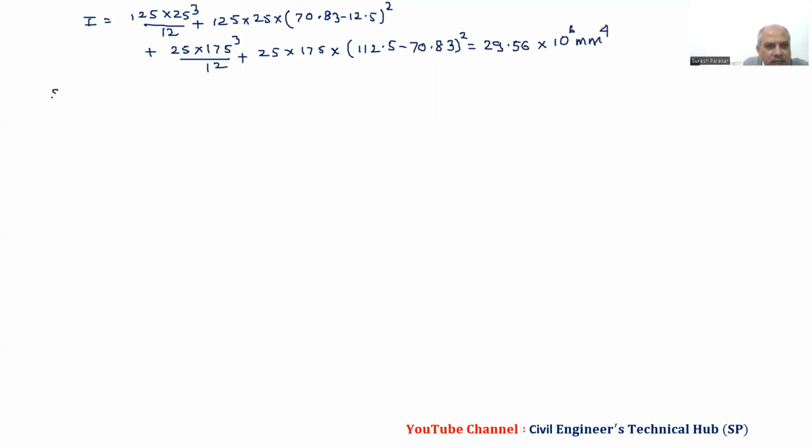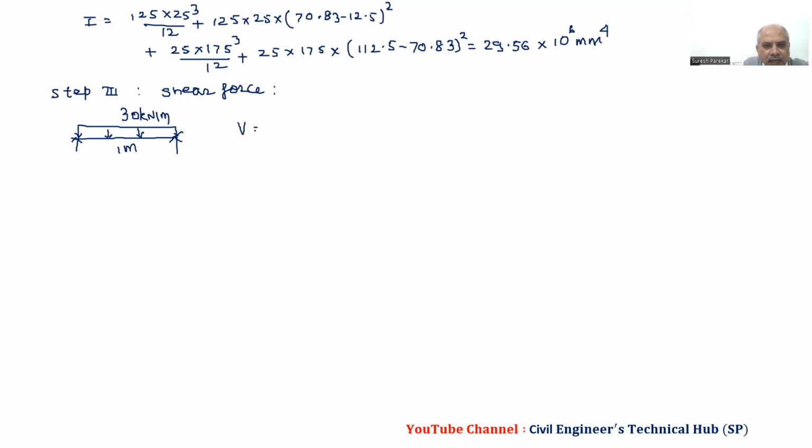Then we have step 3 now. We have to go for the maximum shear force. The maximum shear force is a reaction. So we have given this as 30 kilonewton per meter and the span is 1 meter.